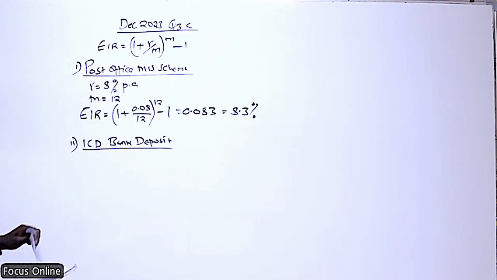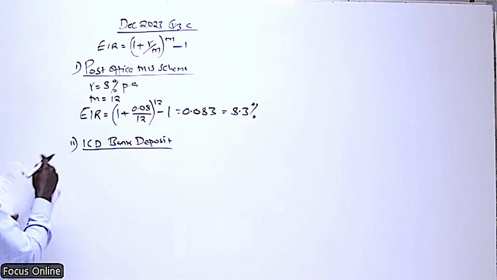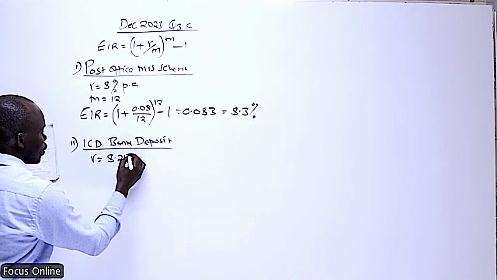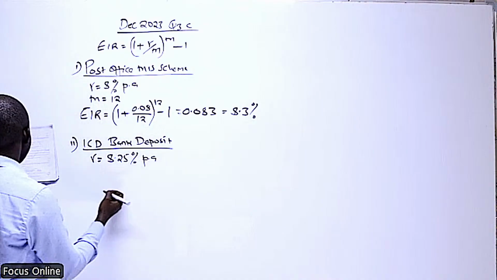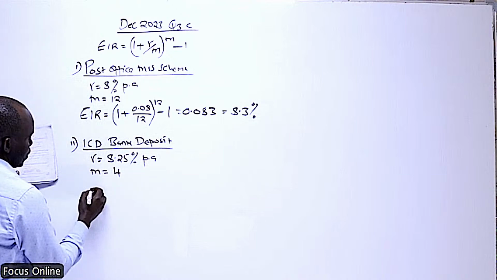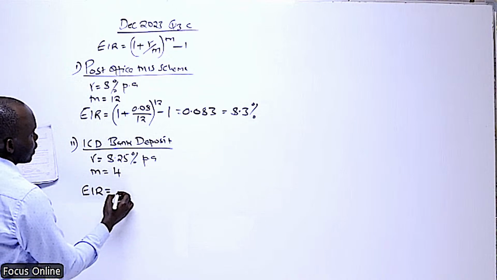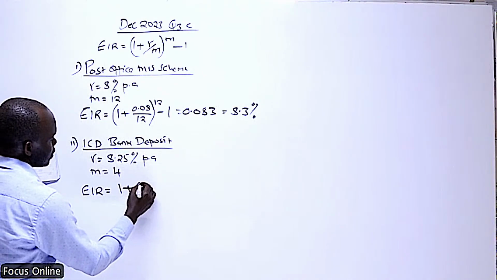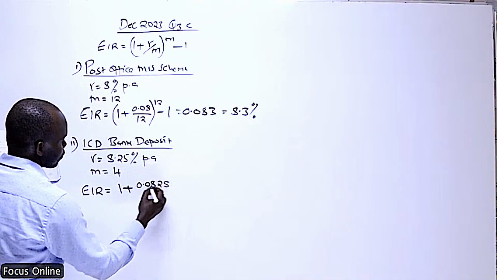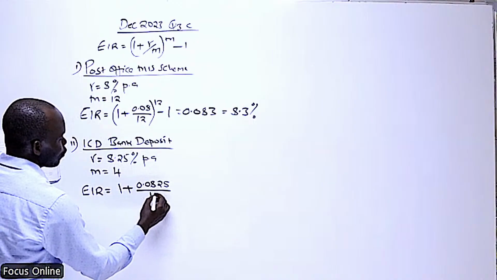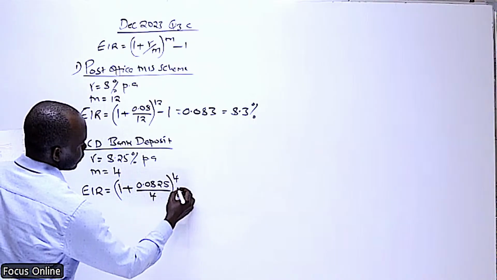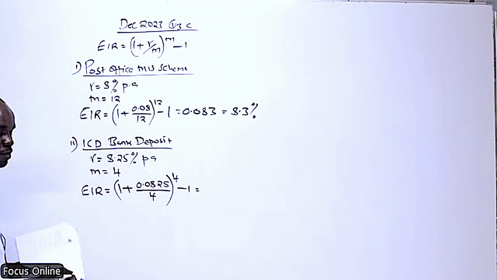Next, ICD bank deposit. The rate R is 8.25% per annum. This is quarterly, so our M is 4. So effective interest rate is (1 plus 0.0825 over 4) power 4, minus 1. Whatever answer you get, multiply by 100.